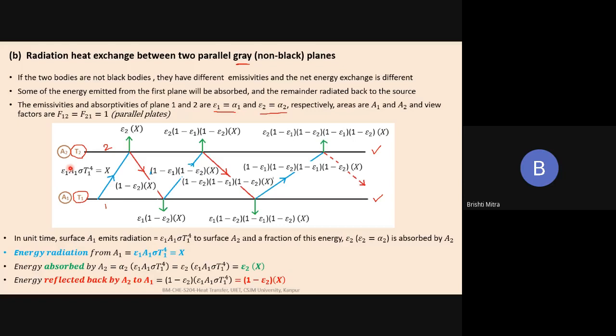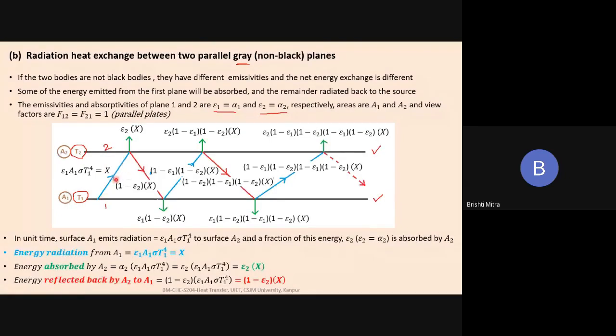Because the view factor in this case is essentially equal to 1. Otherwise, there would have been a view factor here also. So the radiation that is coming out of body 1 and falling on the second plate is given as epsilon 1 A1 sigma T1 to the power 4. This whole unit together, I'm terming as X because it's easier for me. There's not enough space to write it all.